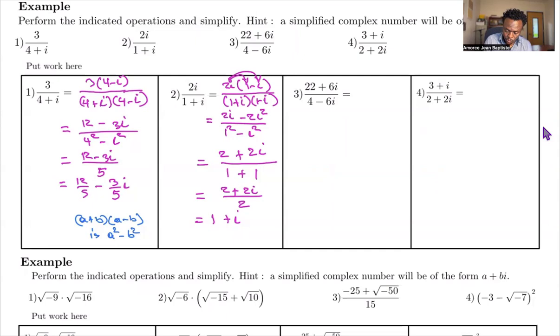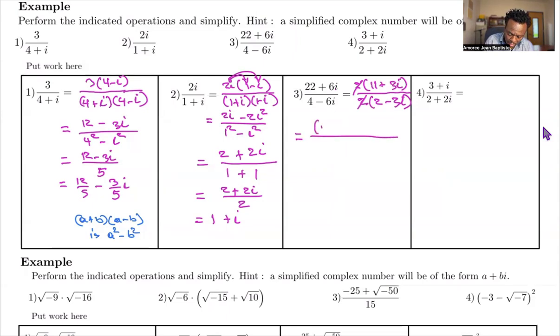Next problem. I'm looking at 2 as a common factor here. I can factor the 2. 2 times 11 plus 3i. Same thing here, 2 times 2 minus 3i. That cancels the 2. And then I'm going to multiply top and bottom by the conjugate of the bottom.